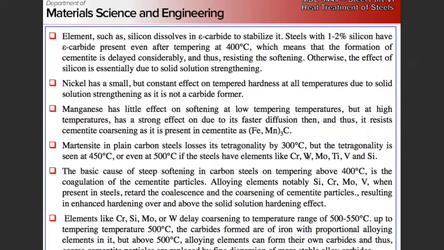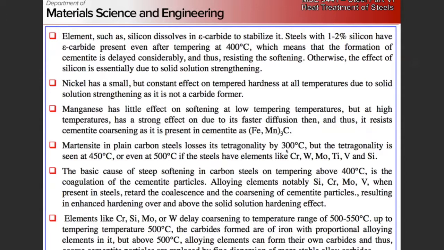In plain carbon steel, martensite is BCT, and without any other elements, carbon diffuses very quickly. Even at 300 C for half an hour to an hour, you will diffuse enough carbon out to lose tetragonality.